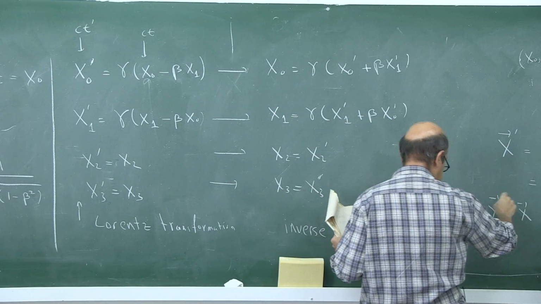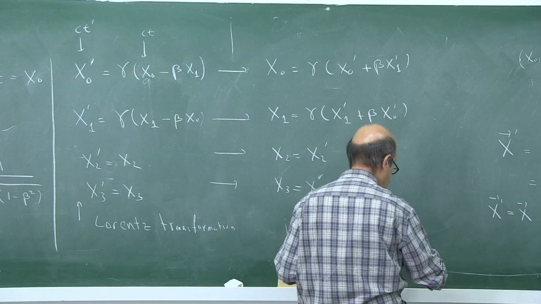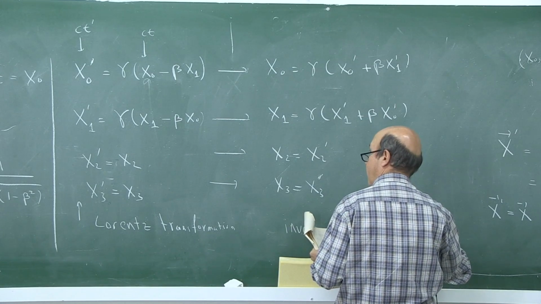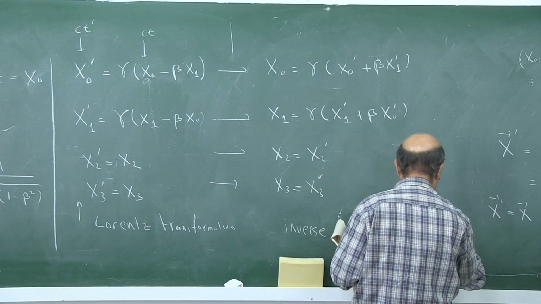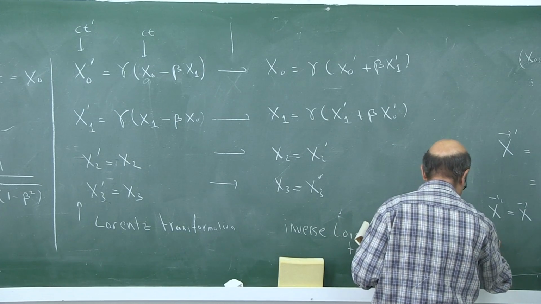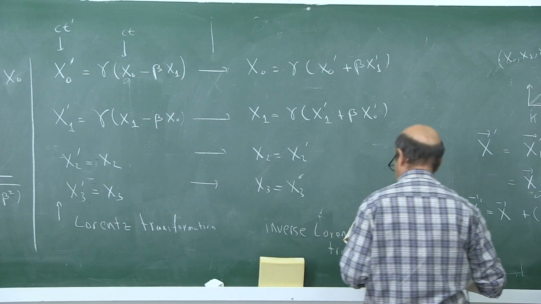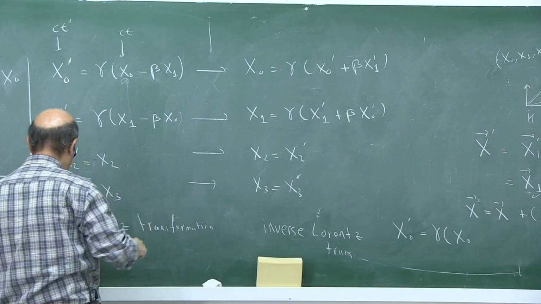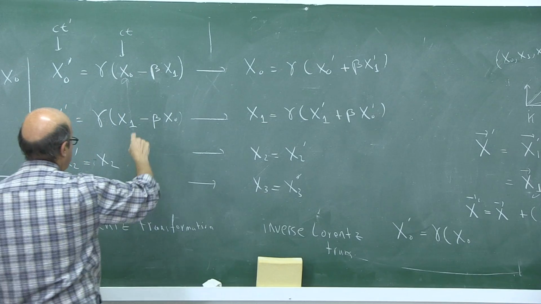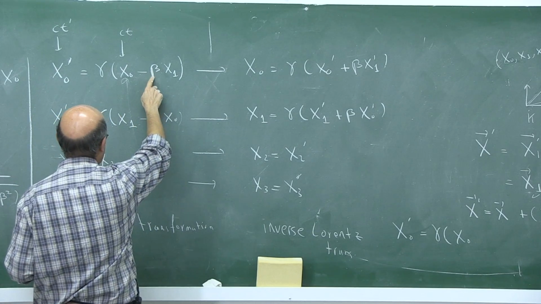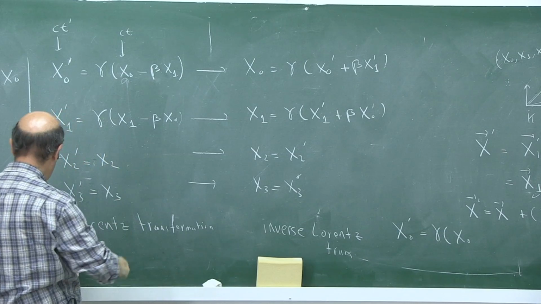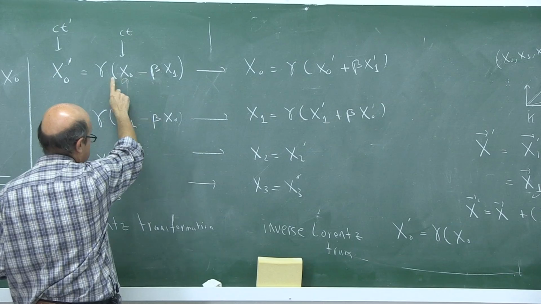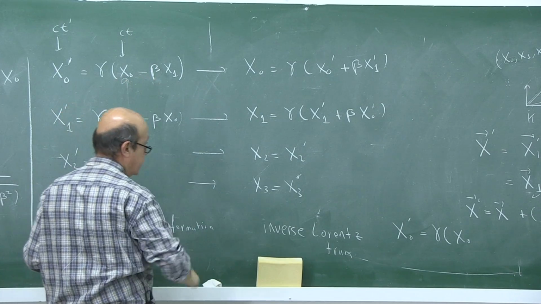This is the space coordinate transformation, and the time coordinate will be x0 prime equals gamma x0 minus beta x1.